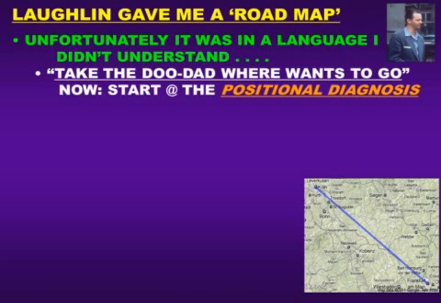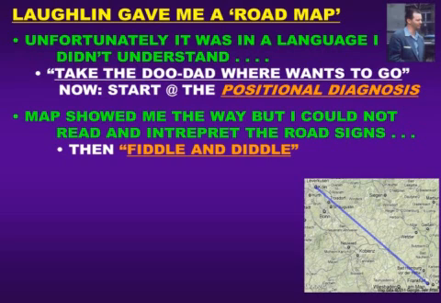And unfortunately, the map was in a language that I didn't understand. So when he said, take the doodad where it wants to go, what I would now say is he told me the position to put them in to start them at the dynamic balance point away from the restrictive barrier. Then the map showed me the way, but it didn't allow me to read the road signs and know how to interpret them.